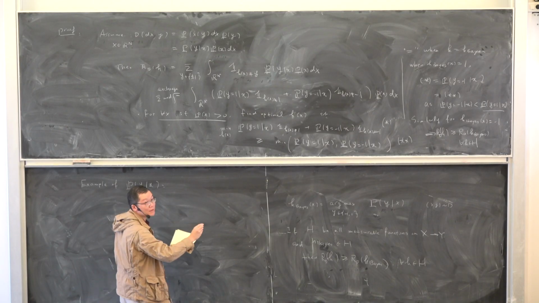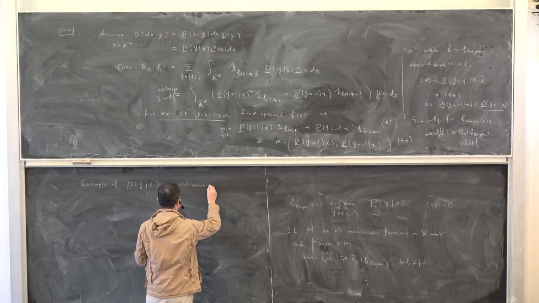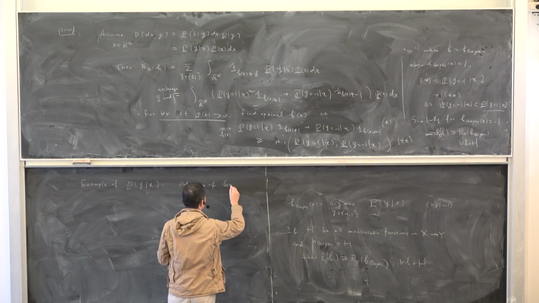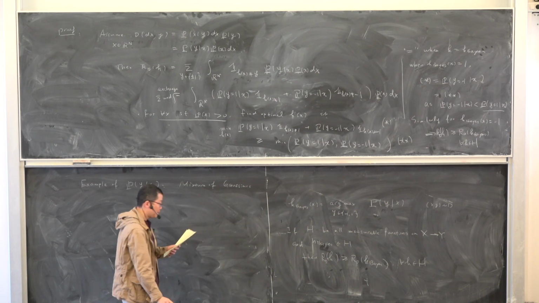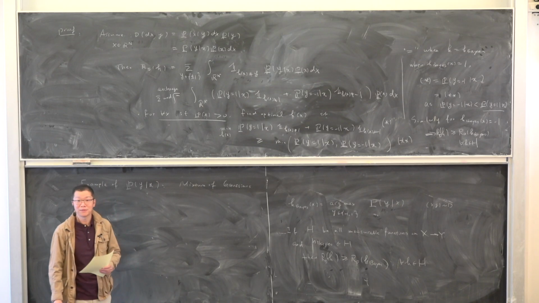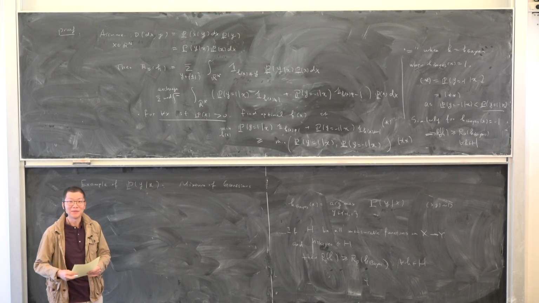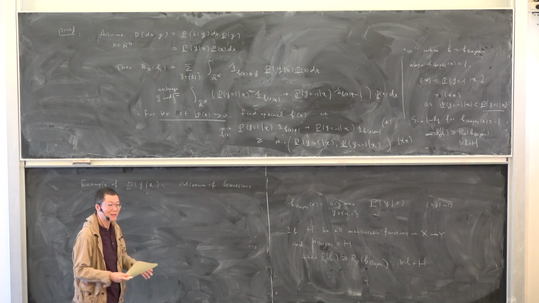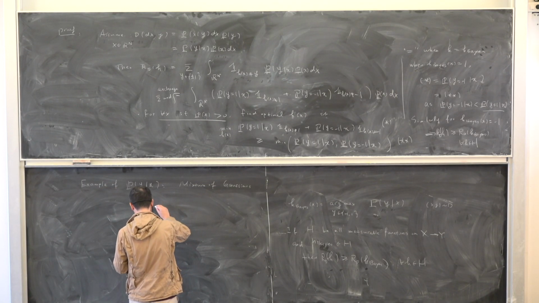Or just to give you an example called mixture of Gaussian. So you have for example two Gaussian distributions, then you mix them, and you observe something which comes from either one or the other. And you could specify something like that.